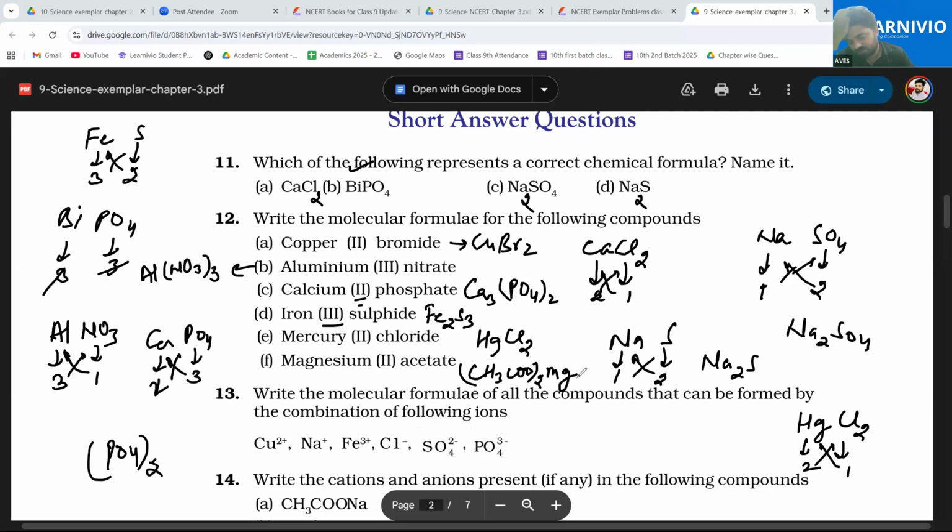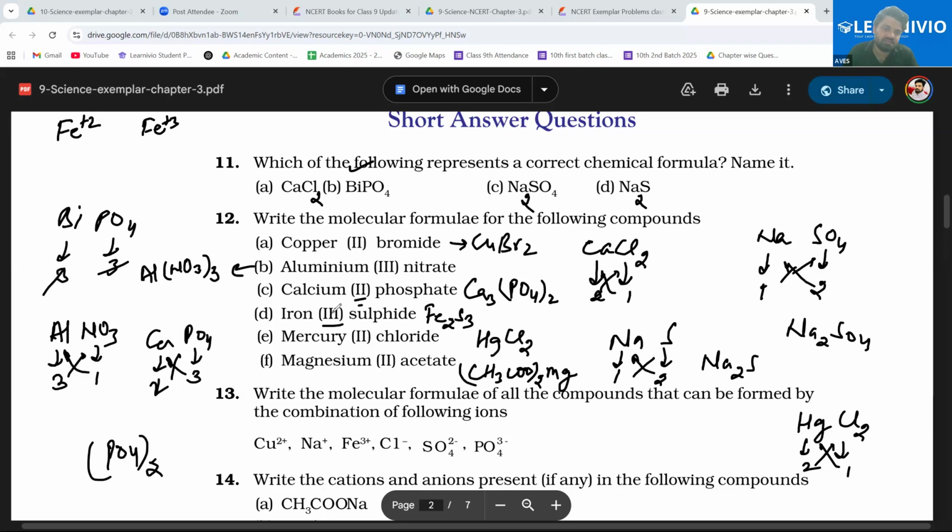So, can I explain the D one, iron sulfide? Iron valency is 3 here. Iron has two types of valencies. One is called ferrous, when iron has valency 2, and the other is 3.